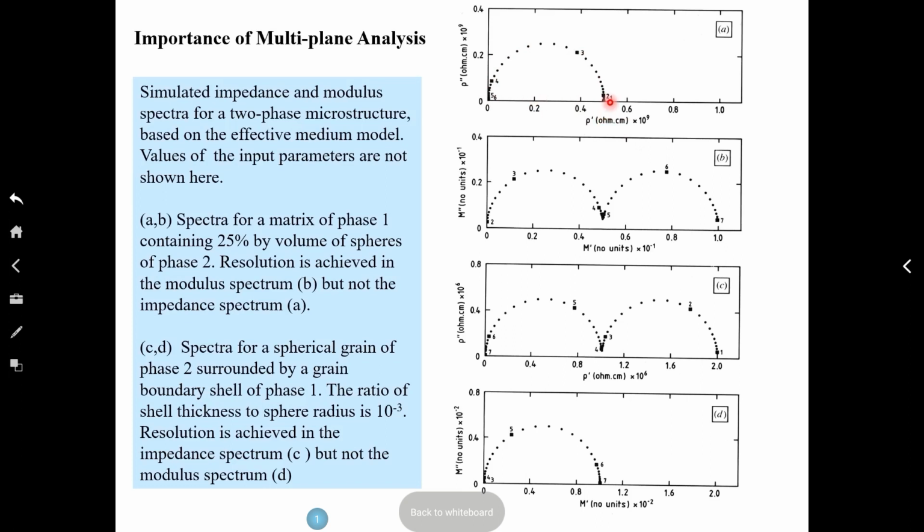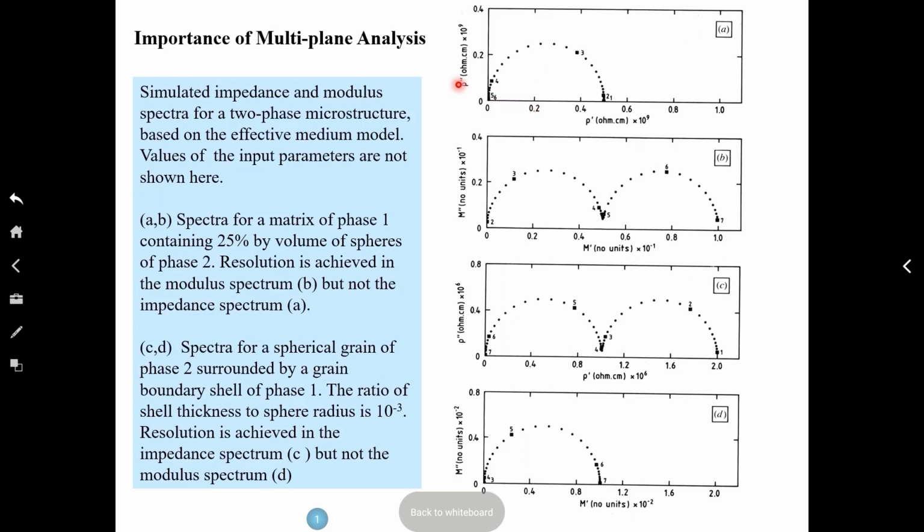And the numbers you see, 1, 2, 3, 4, 5, 6, are frequencies, 10 to the exponent 1, so that's 10 hertz, 100 hertz, kilohertz, etc. You're going from low frequency to high frequency. You look at that and you say, oh, I have a system where I have one R and C pair. That's it. A single relaxation.